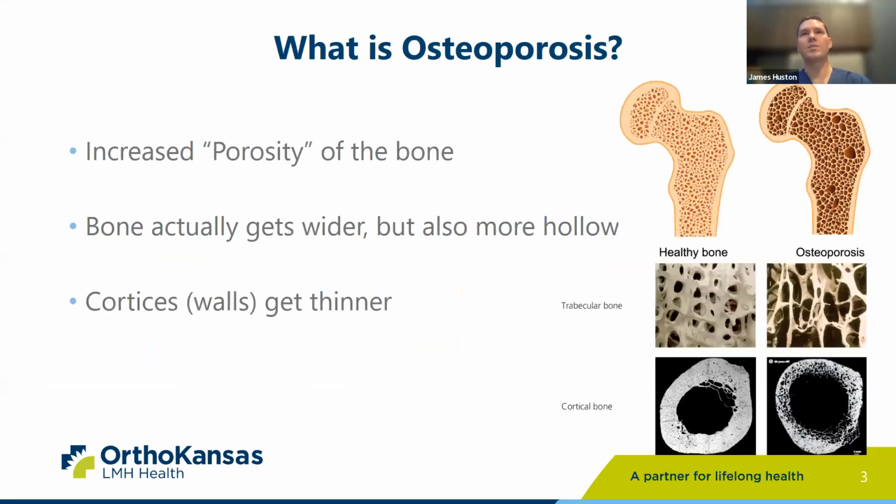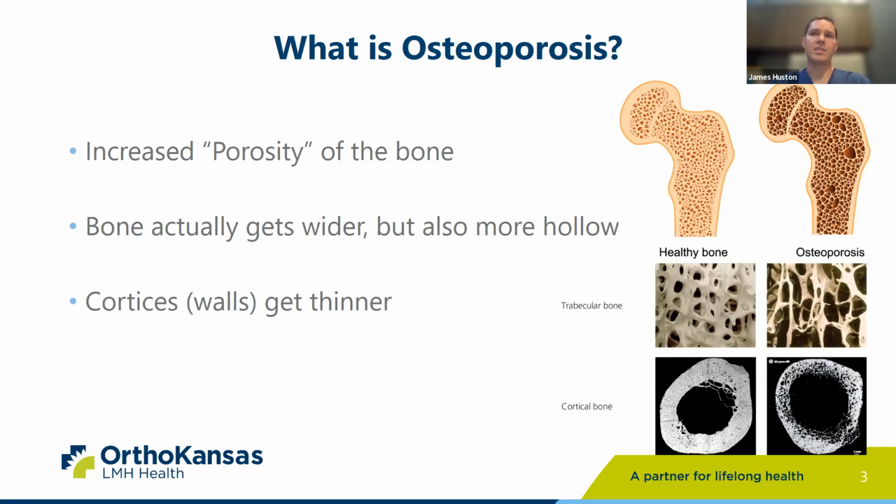As osteoporosis develops, and generally as people age, that matrix of bone on the inside becomes more porous. That's where the word osteoporosis comes from. So you have more empty space and less of the scaffolding that's holding the bone together, and it becomes weaker by nature.